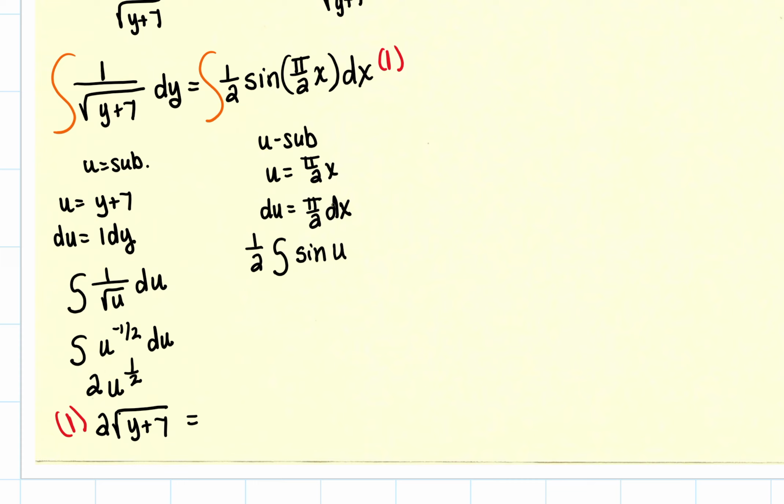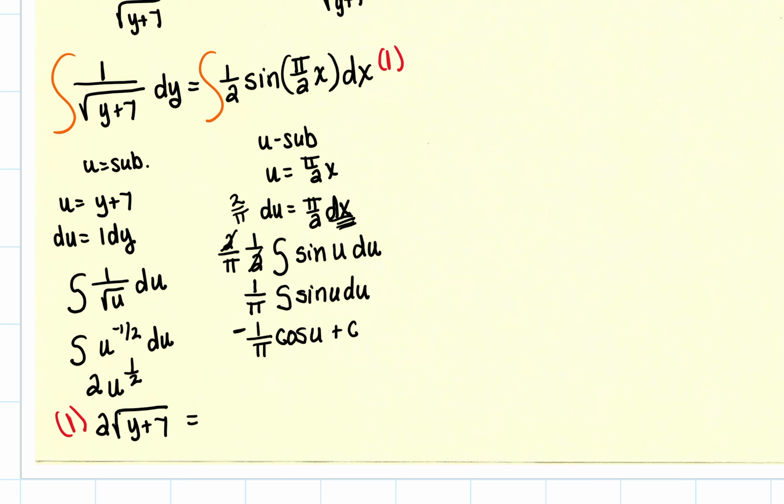and then dx, which is what we want, is going to be 2 over pi du. I'm going to put my 2 over pi out front, du. So these will cancel, and I have 1 over pi, the integral of sine u du. But you guys know that the integral of sine u is negative cosine u plus your constant.